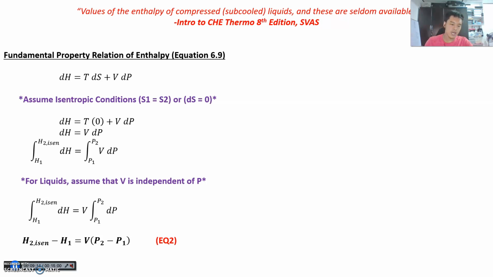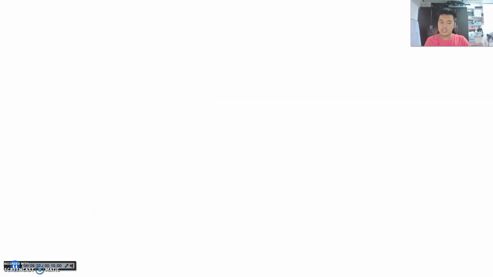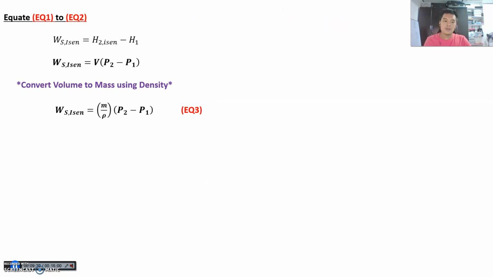So we say that the isentropic enthalpy at the outlet minus the enthalpy at the inlet is equal to the volume of the liquid times the difference in pressure. You can notice that it has the same form as the shaft work derived earlier, so we equate equation 1 to equation 2.